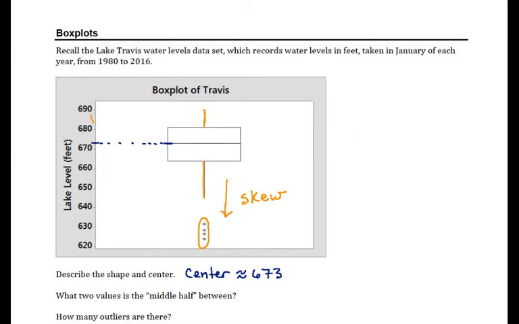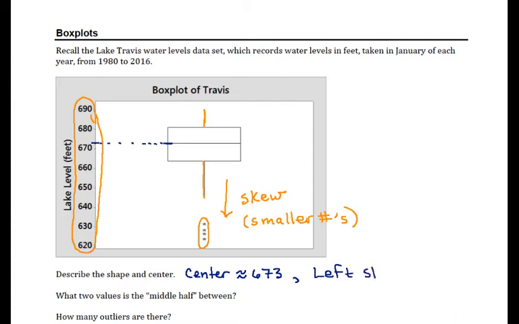Looking over here at the numbers is our clue about whether that tail goes in the direction of smaller numbers or bigger numbers. We can see that it goes towards the smaller numbers. And if this were a histogram oriented left to right, then that would be going toward the left. So the center is around 673, and the distribution has left skew.